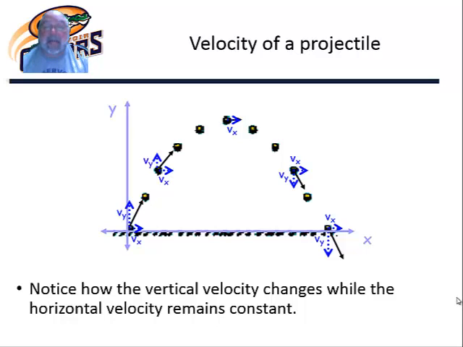So notice how the vertical velocity changes. On the way up, it goes slower until it's not going up anymore. And then it starts to go down, and it's going faster on the way down.